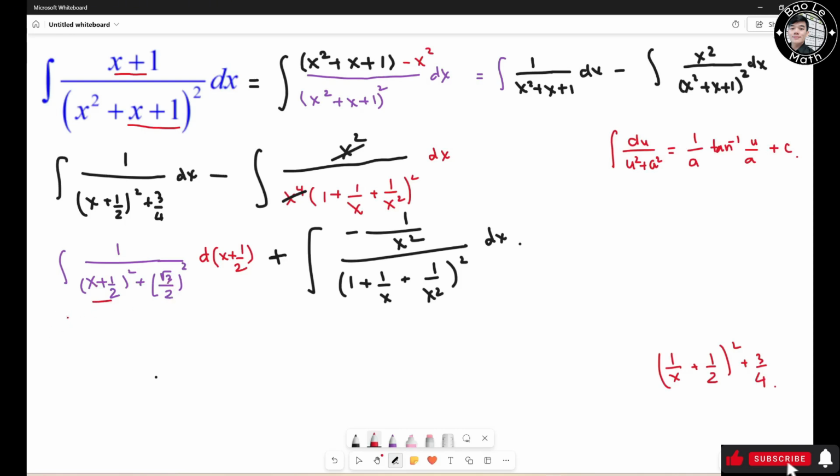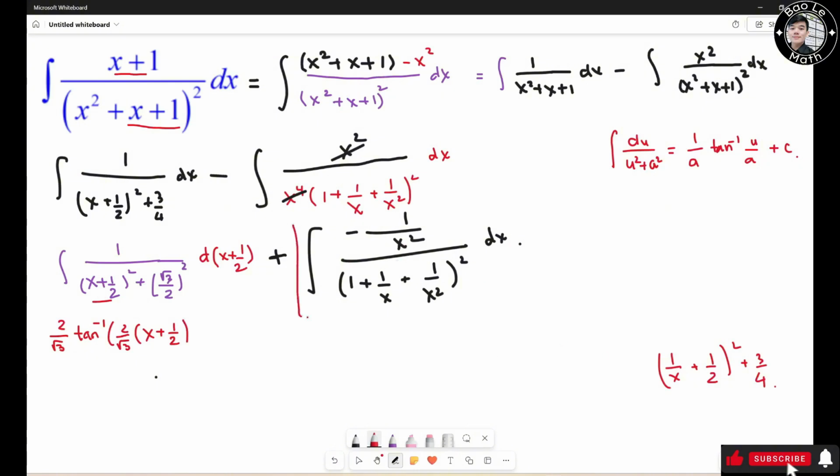So it turns out to be 2 over root 3 tangent inverse of 2 over root 3 times s plus 1 half. So we finished the first one. Now we need to calculate this second one.